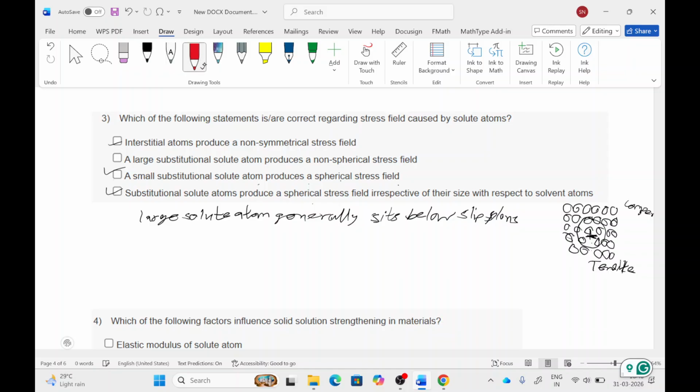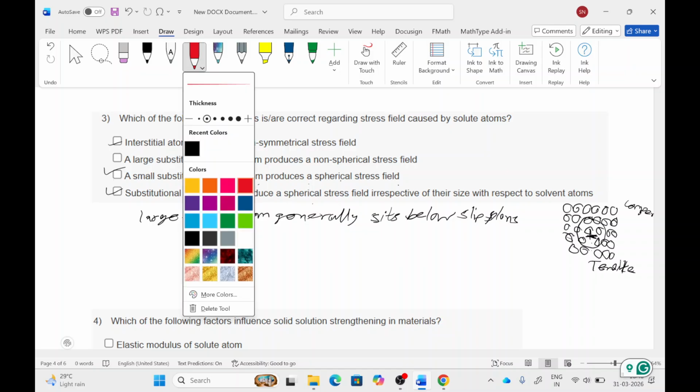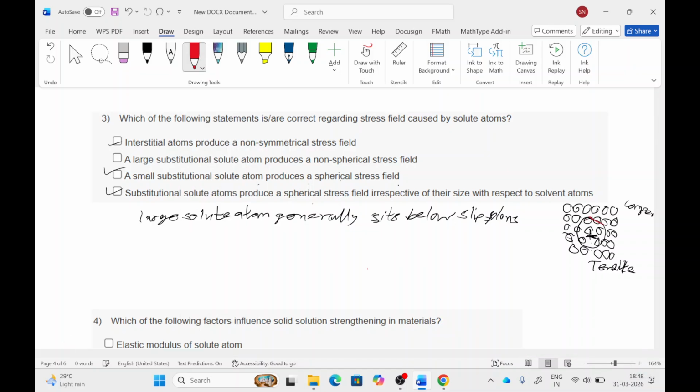I will change the pen. And for the interstitial, as the interstitial sites are octahedral and tetrahedral, because of the size of the interstitial, the stress field will also be non-symmetrical for an interstitial atom.